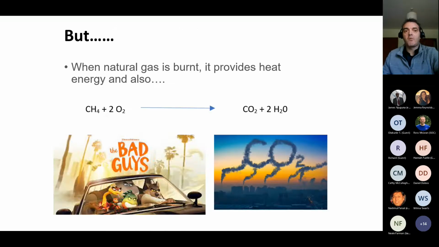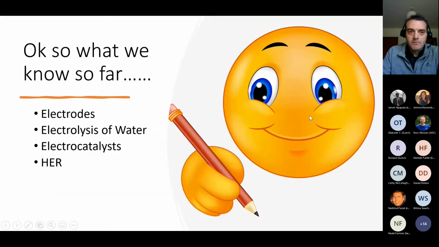However, what happens to natural gas when it's burnt? It provides heat, yes, but also one of our friends, CO2, which at the moment is categorized among the bad guys. So far, we know about electrodes, electrolysis of water, some electrocatalysts, and also the hydrogen evolution reaction.